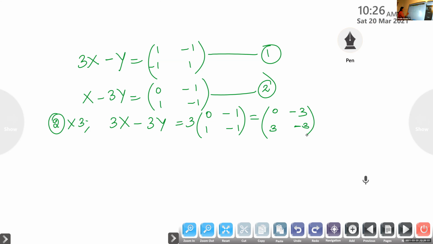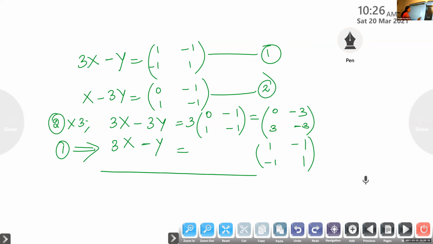I'm writing the first equation as such. What is the first equation? 3x minus y is equal to 1 minus 1 minus 1, 1. Now I want to eliminate x, so I'm going to subtract. When you subtract, plus 3x minus 3x will get cancelled, isn't it?